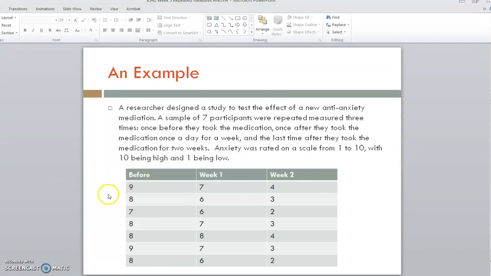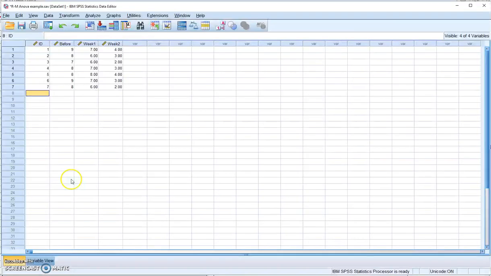A random sample of 7 participants were selected, and their anxiety level was measured on a scale from 1 to 10 before they started taking the medication, 1 week after they took the medication daily, and 2 weeks after they took the medication daily. Here, I entered the data into SPSS.